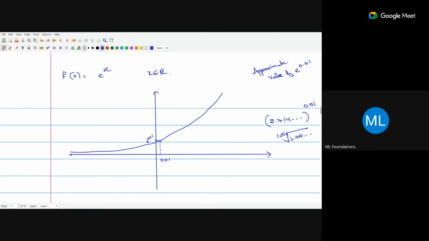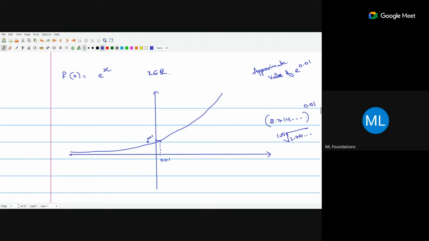Again, you don't have the calculator to compute this, so you have to be good at how to do the square root of 2, the cube root of 2, just like that, how to do the 100th root of 2.714. So you have to sit and solve it.